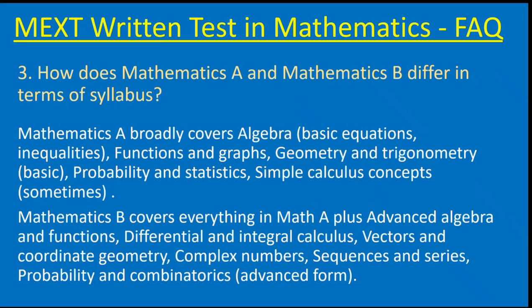But Mathematics B covers everything as mentioned in Mathematics A, plus additional topics like advanced algebra and functions, differential and integral calculus, vectors and coordinate geometry, complex numbers, sequences and series, probability and combinatorics in advanced form.